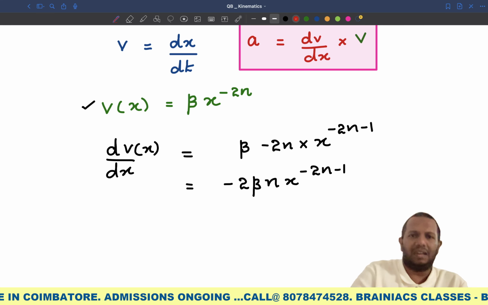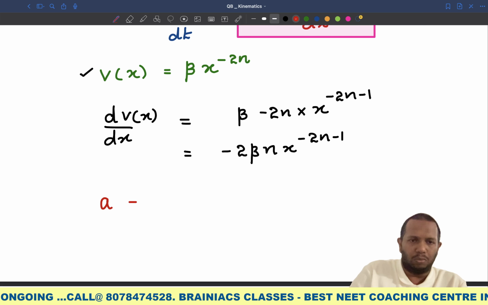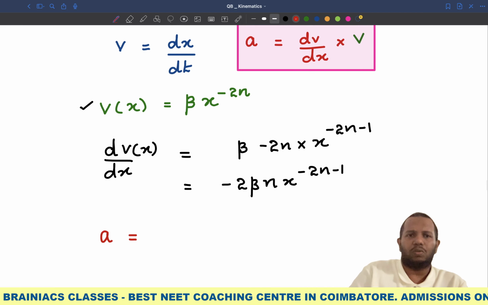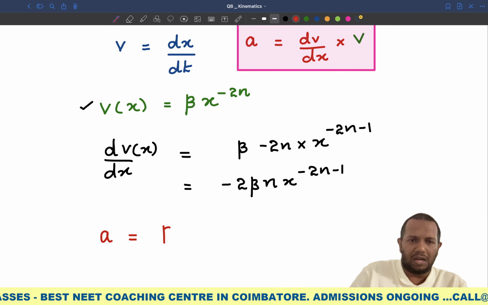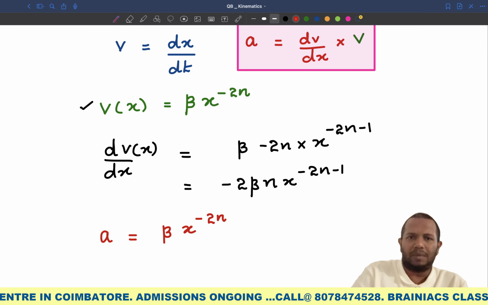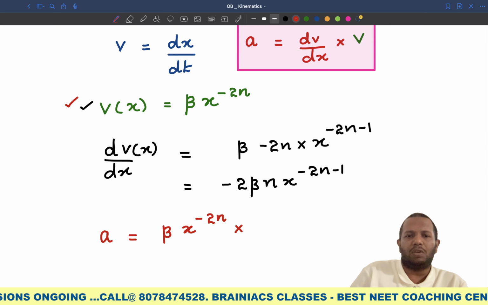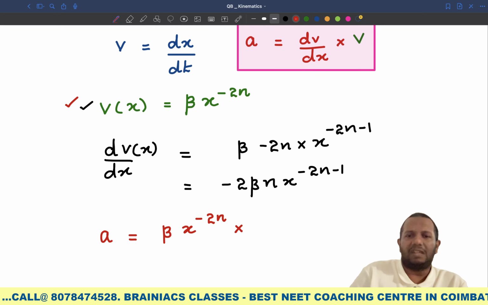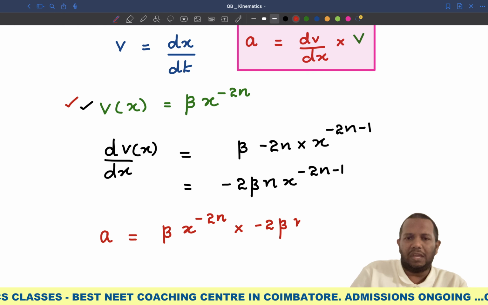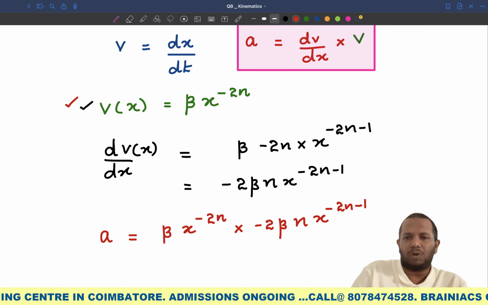So I can write a is equal to v of x into dv of x by dx. We know v of x is beta into x raised to minus 2n, and dv of x by dx is minus 2 beta n into x raised to minus 2n minus 1.